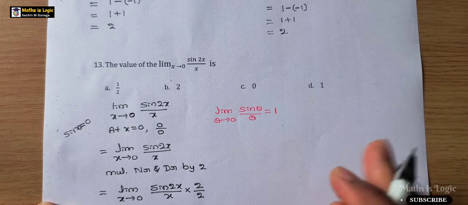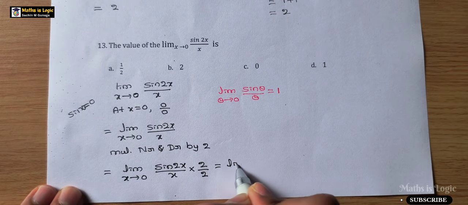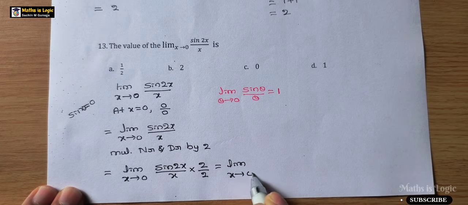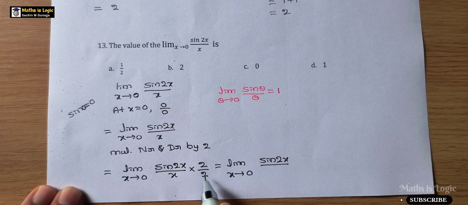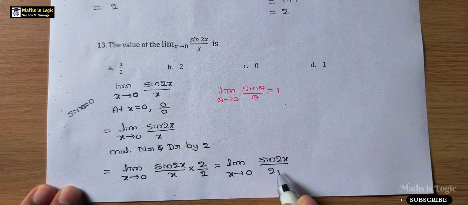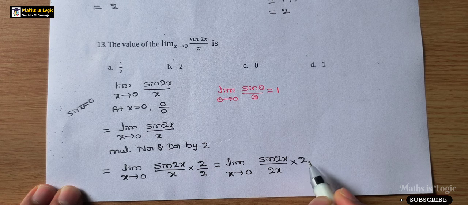So next, it is equal to limit as x approaches 0 of sine 2x divided by 2 into x, which is 2x, into 2. So this 2 I am going to keep as it is.